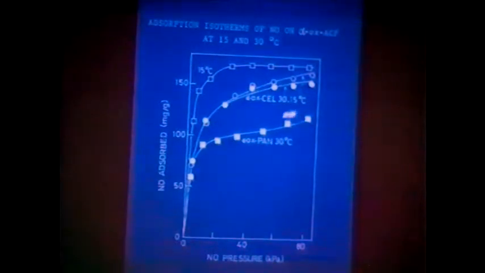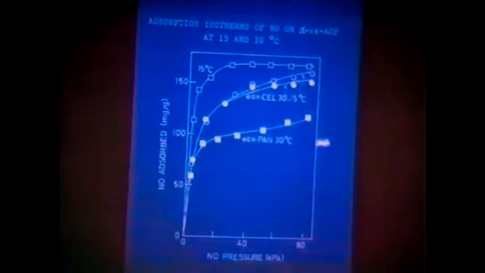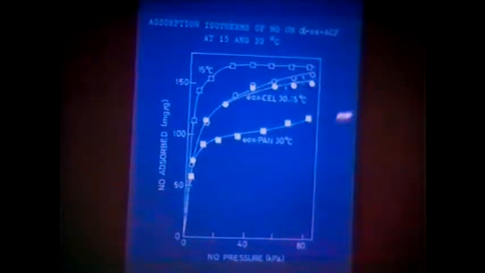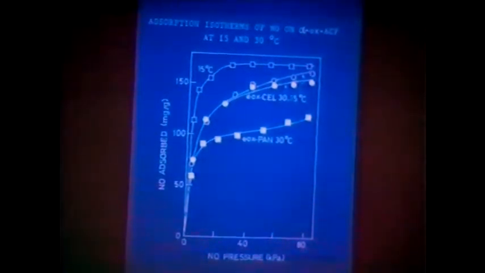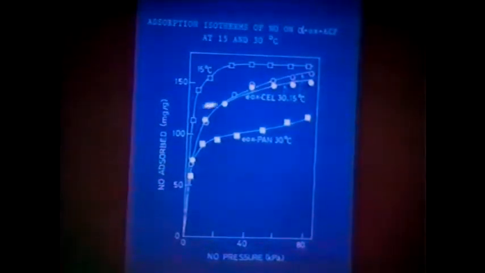As lowering temperature promotes NO adsorption, I'm sure that NO is adsorbed by a kind of micropore filling mechanism. And we can see the chemisorptive action in the temperature dependence of alpha-OX cell.